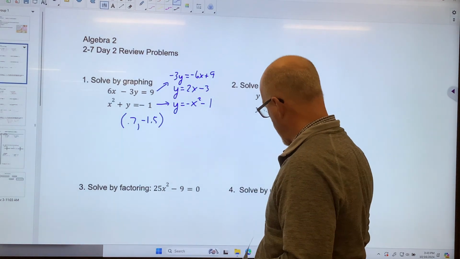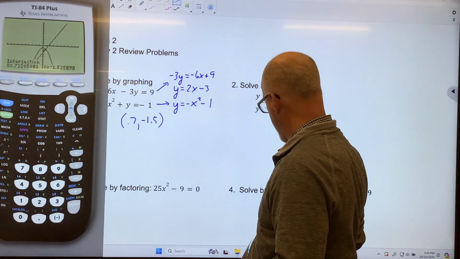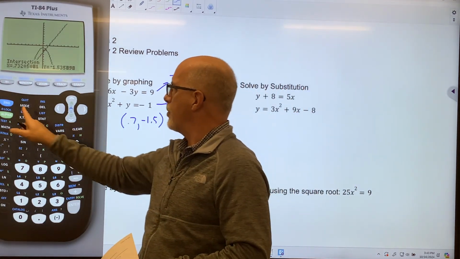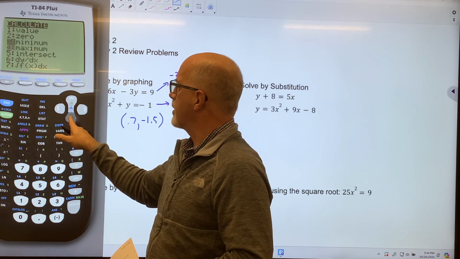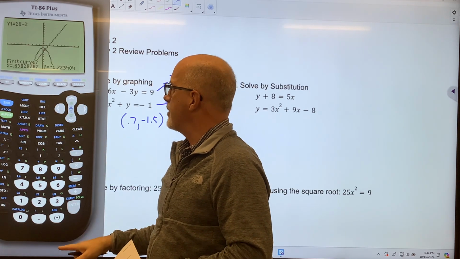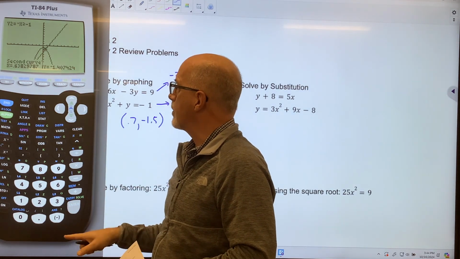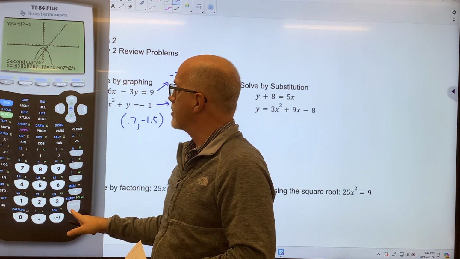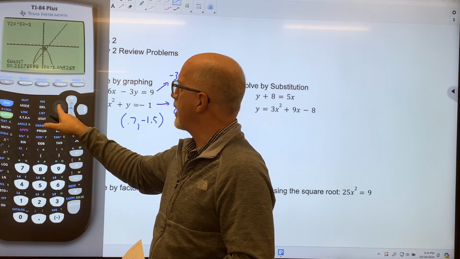Now let's look for the second one. We're going to follow the same steps. I'm going to go with second calculate, go down to intersect. Same first curve, the first function is 2x minus 3. Second function is opposite of x squared minus 1. Now to guess, I need to hit the side-to-side arrows.